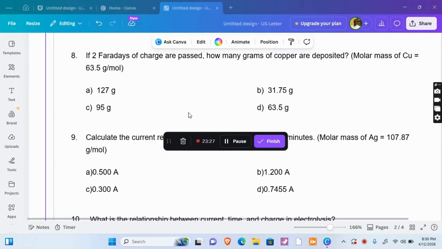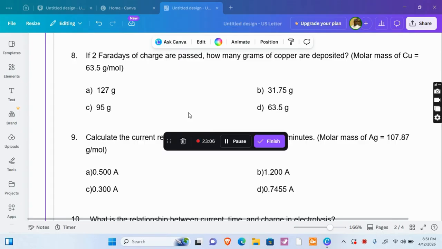This law connects just two things: the mass of a substance and the quantity of charge that is passed through the substance. That is what the first law does. So look at it. This is the first law.